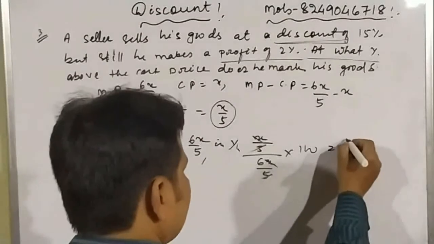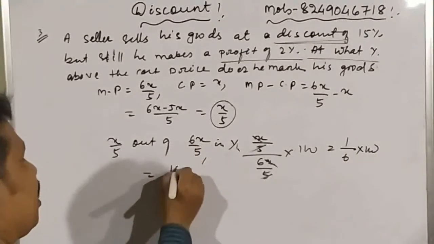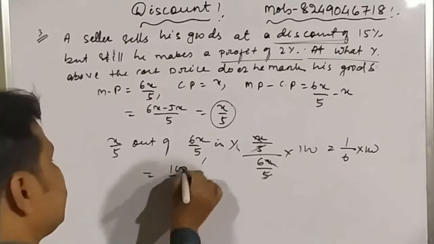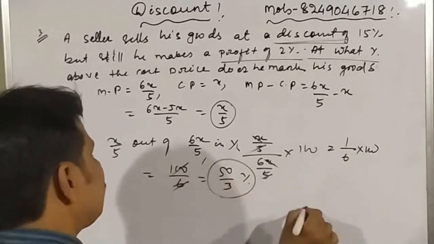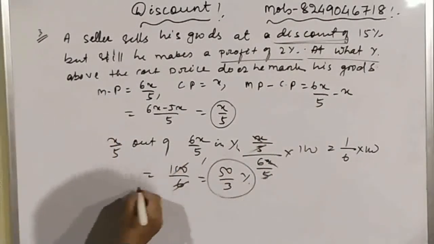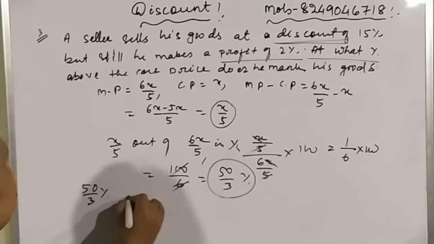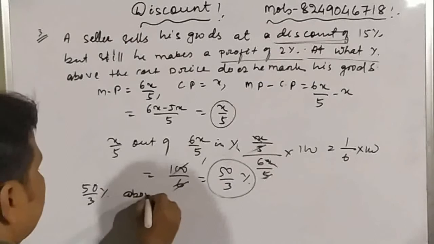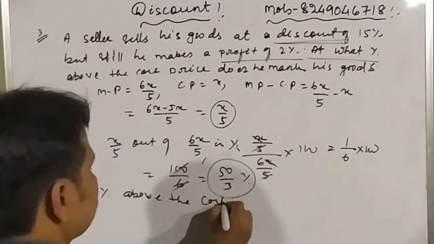Our answer is 1 by 6 into 100, which equals 100 by 6. It can be cancelled to 50 by 3. So our final answer is 50 by 3 percent above the cost price.